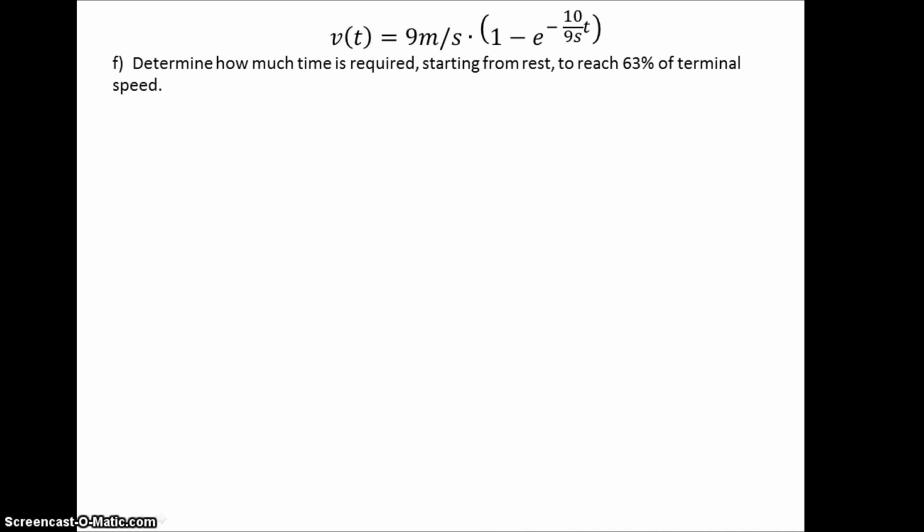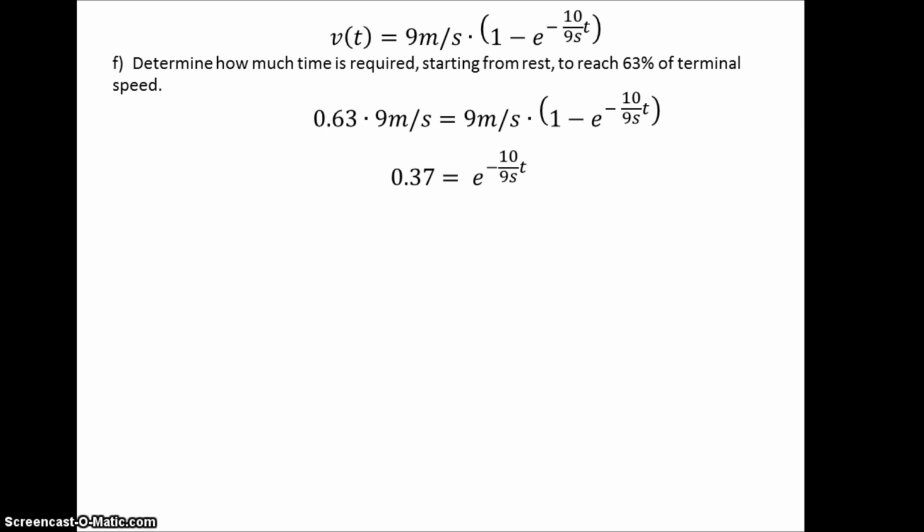Okay, now let's figure out how much time it takes for it to go from rest to 63% of its terminal speed. Using the equation we just had, 63% of that would be 0.63 times 9 meters per second. And we could divide both sides by 9 and then subtract, 1 minus 0.63, and that'll be equal to e to the negative 10 over 9 seconds times t.